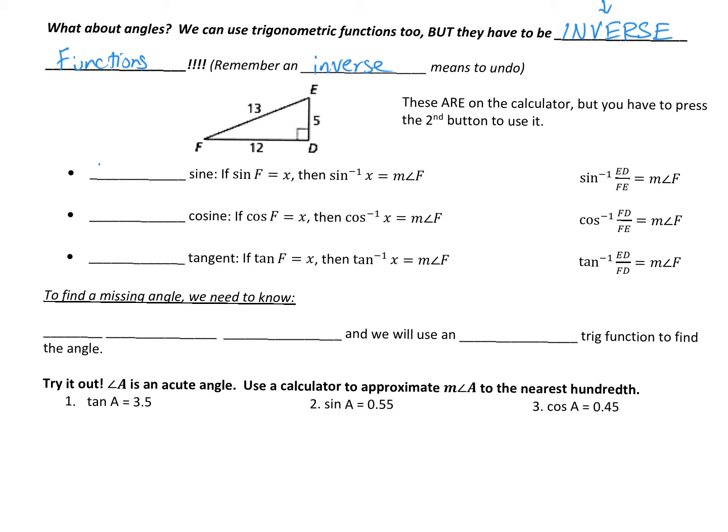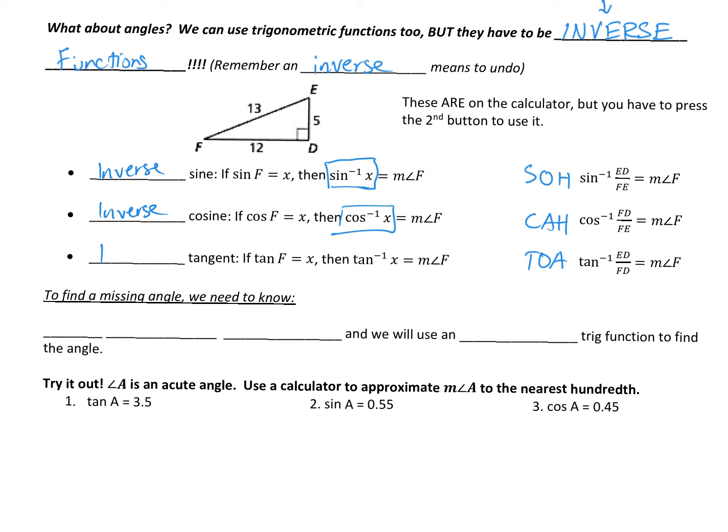So second sine will give you the inverse of sine. So the inverse of sine is this button right here. Keyword, the -1. And the inverse of cosine is cosine with a -1. Remember, SOH CAH TOA: sine is SOH, cosine is CAH, and tangent is TOA.